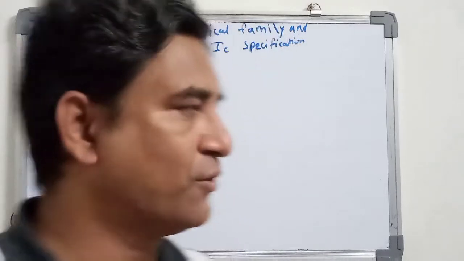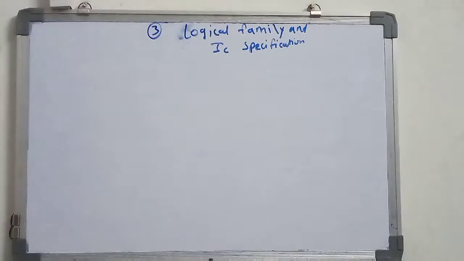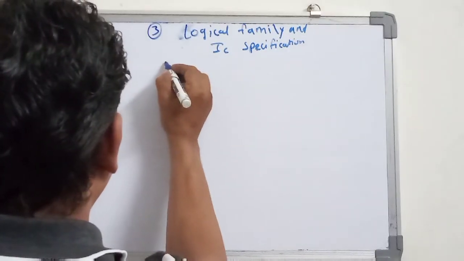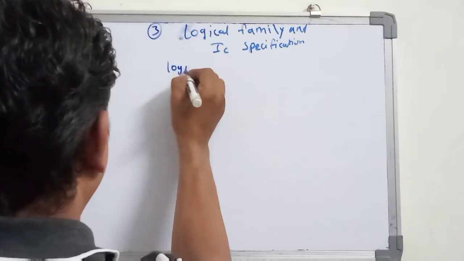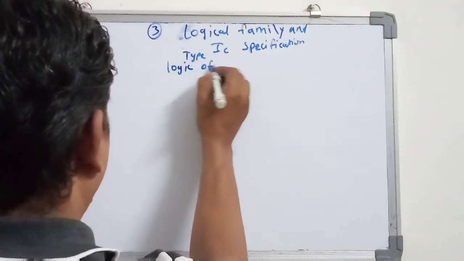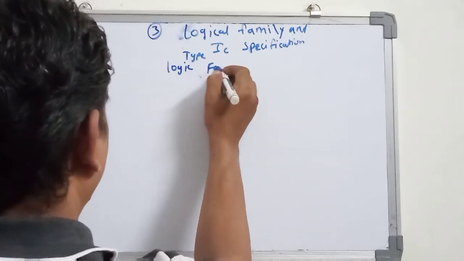Okay, I will just draw the chart and we will discuss about that particular chart. So in this you have types of logic family. Here we write the type of logic family.